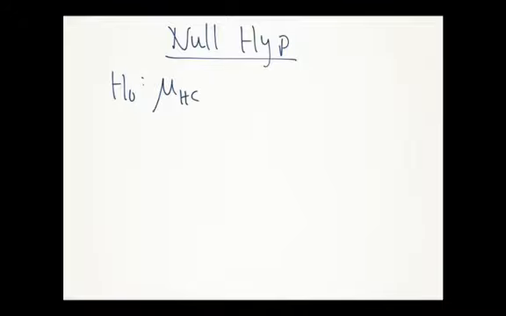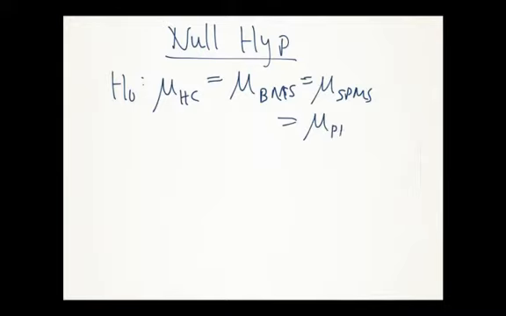And in the null hypothesis, the mean in the healthy controls is equal to the mean in the benign MS patients, equal to the mean in the secondary progressive MS, is equal to the mean in the primary progressive MS patients.